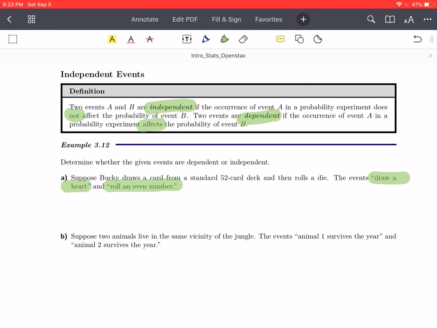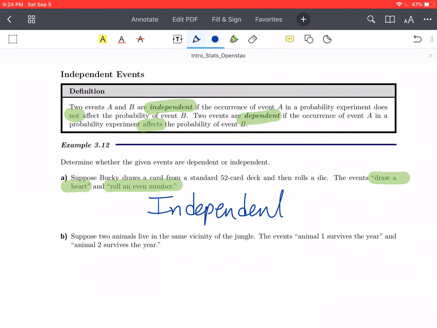If he draws a heart, is that going to affect what number gets rolled on the die? Or if he does not draw a heart, does that affect what number gets rolled, or vice versa? This one we can tell hopefully pretty quickly that these two are independent. The card that he draws and the number he rolls on the die are completely independent of each other. There's no way that one of those is going to affect the other.